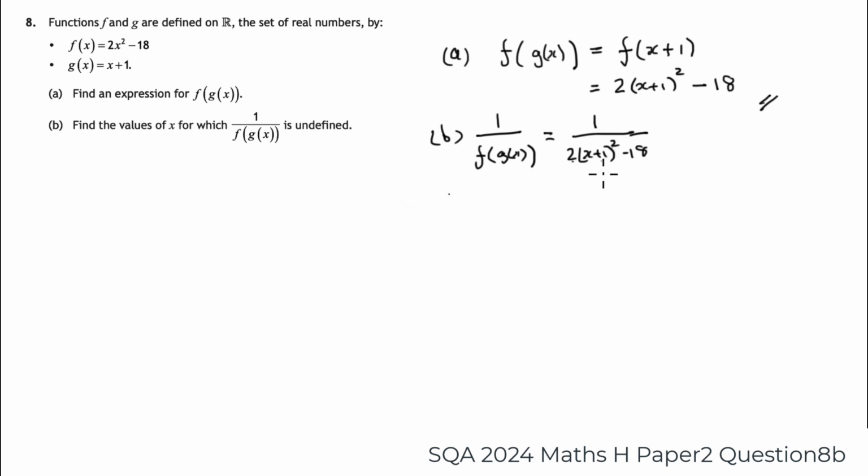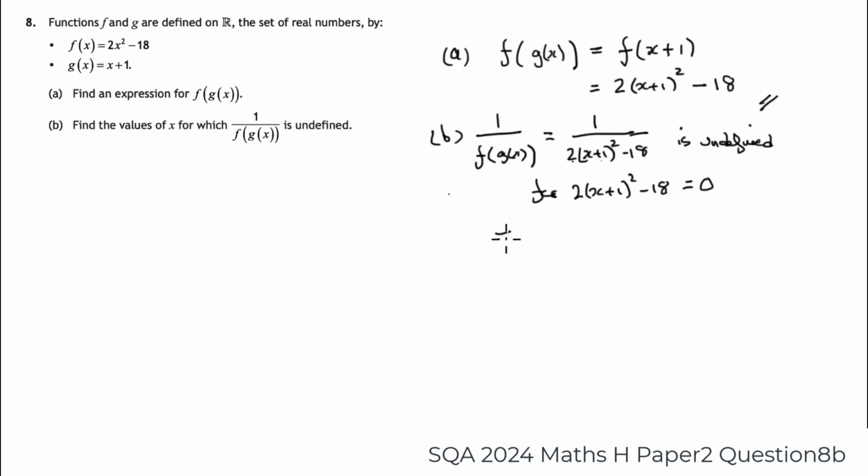Now, the only value for which that happens is when we're attempting to divide by 0. Thou shalt not divide by 0, the first commandment of mathematics. It's just a no-no. So this is undefined for the denominator being 0.